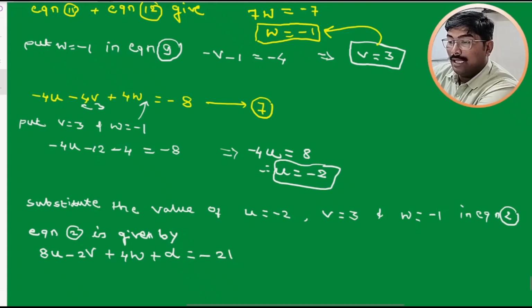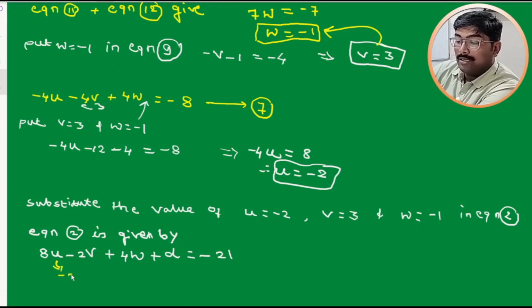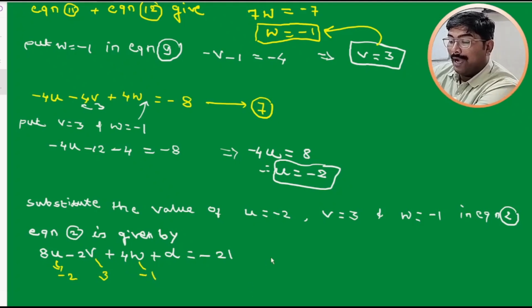So in this equation you have to substitute the value for u is equal to minus 2, v is equal to 3 and w is equal to minus 1, and on simplifying you will get the value of d.